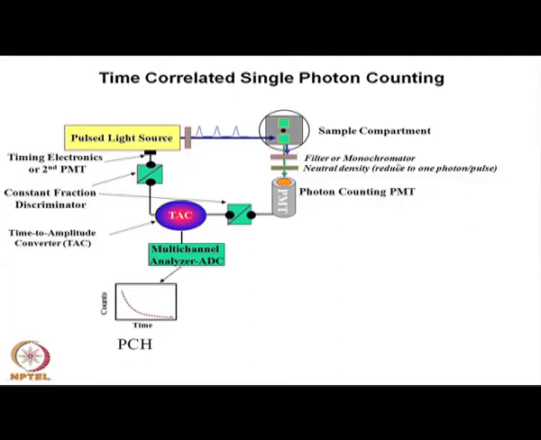So, basically a filter, or maybe better, if you want to resolve in terms of wavelength, you can use a monochromator. And then you need to have a neutral density filter. A neutral density filter has the capability of reducing the intensity for the entire optical region. That is why it is called neutral density. Just think of sun goggles, blackish in color, not exactly very dark, but with a blackish tinge.